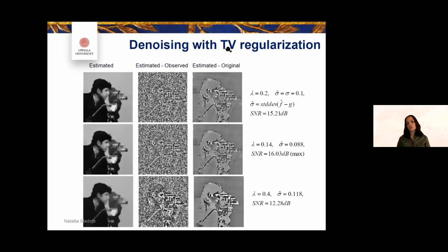And now I'm using TV regularization. I have different values of lambda, that is the regularization parameter, used in these three examples that I'm showing. And we can observe somewhat different effects of these different values of lambda.